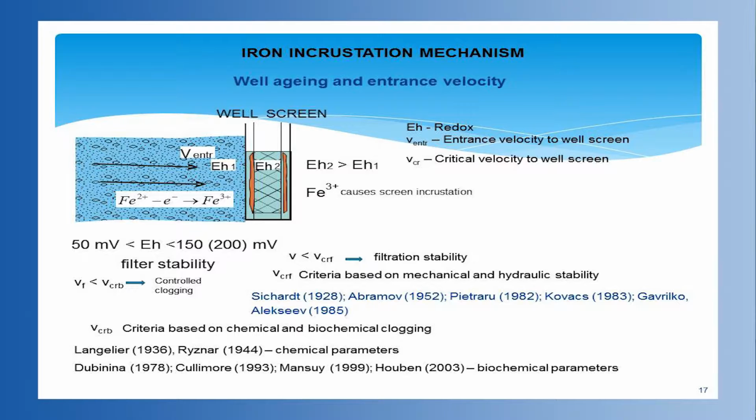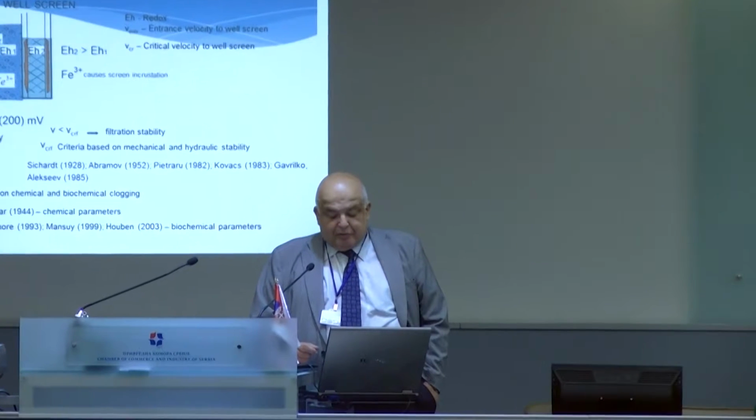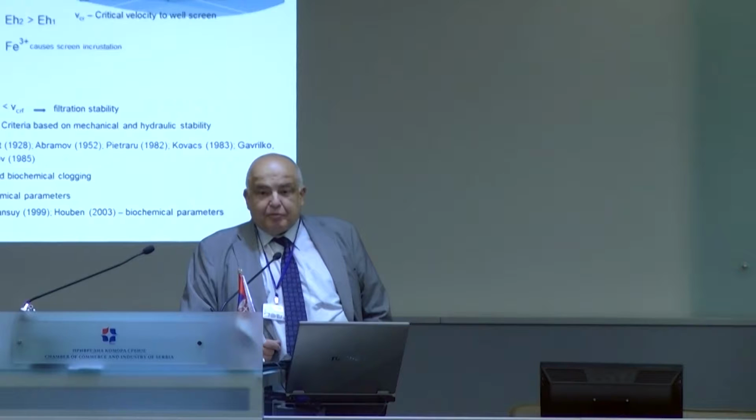This criterion was developed by the German Sichardt, the Russians Abramov, Gavrilko and Alexeyev, and also Langelier and Riesner worked on chemical parameters for clogging wells. In recent times, first Dubinina, and after that Kulimor, Massa and Hauben worked on it.